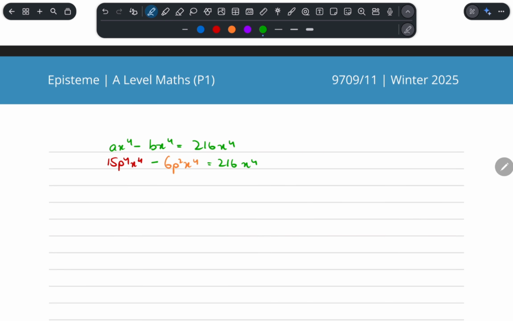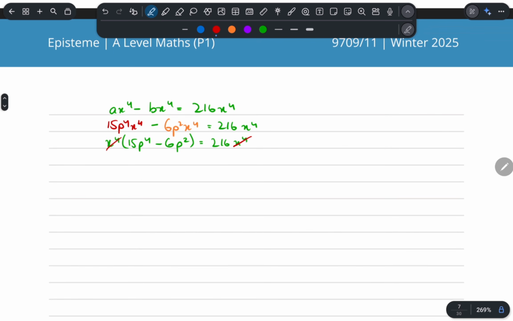Let's factor out the x^4 so that we can clean this up. So this will be x^4 (15p^4 minus 6p squared) equals 216x^4. x^4 cancels out. We'll be left with 15p^4 minus 6p squared minus 216 equals 0.